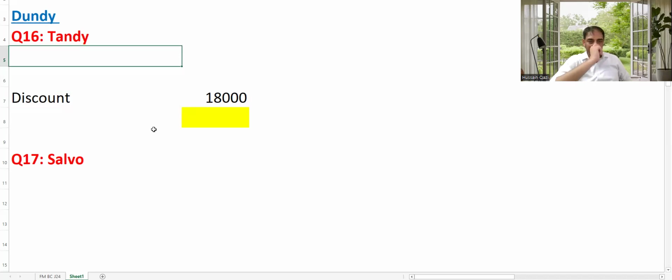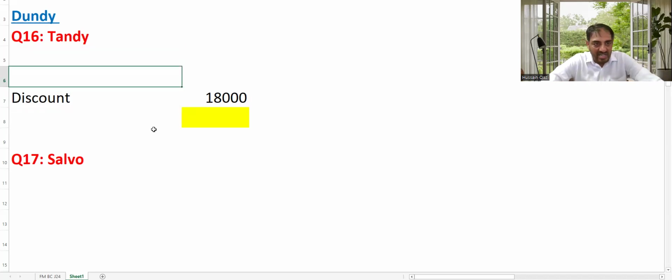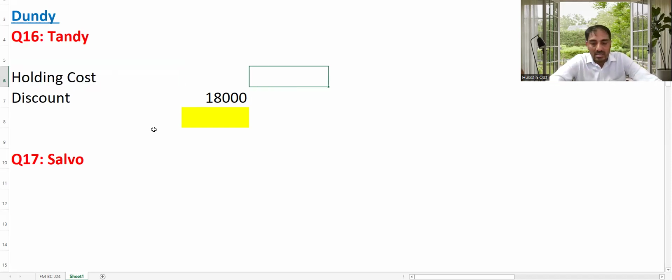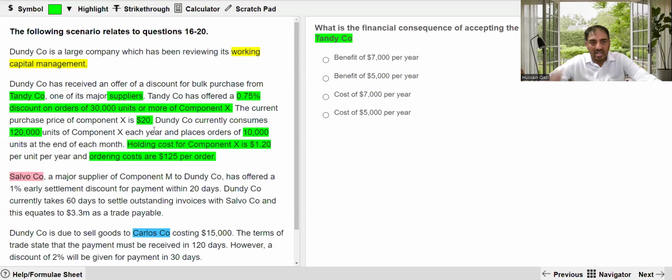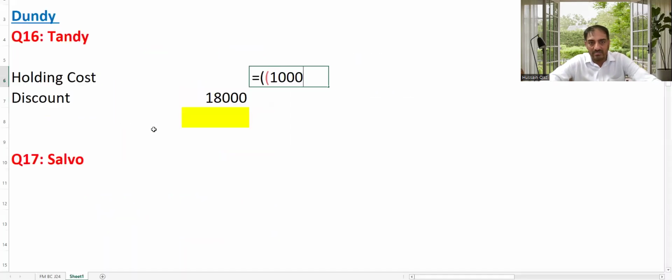But the point is that holding costs will definitely increase. Now the order quantity size is 10,000, with no minimum inventory, no buffer stock, so average is divided by 2.